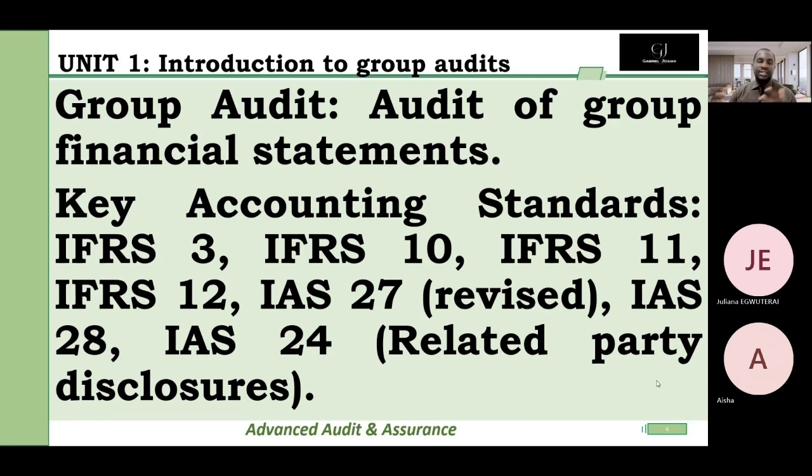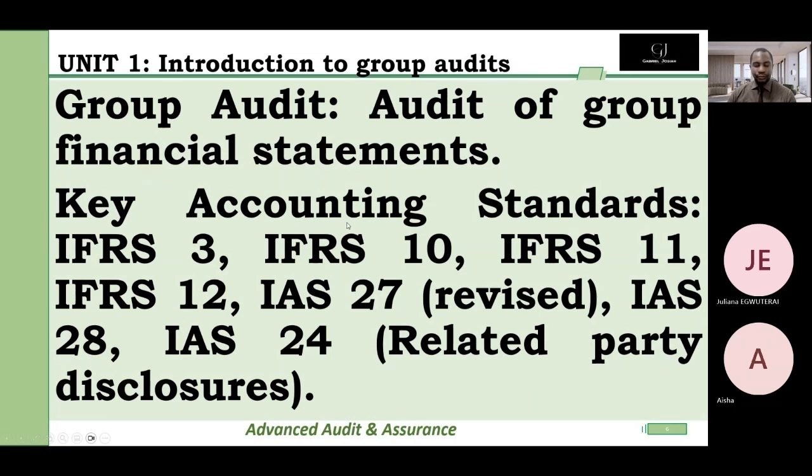So key standards look at IFRS 3, business combination, IFRS 10, IFRS 11, IFRS 12, IAS 27, the revised one, IAS 28, IAS 24, related parties. So all these IFRSs and IASs speak to consolidation, group consolidation, consolidation of financial statements, related parties, and the standards are the accounting standards we are auditing based on group accounts.